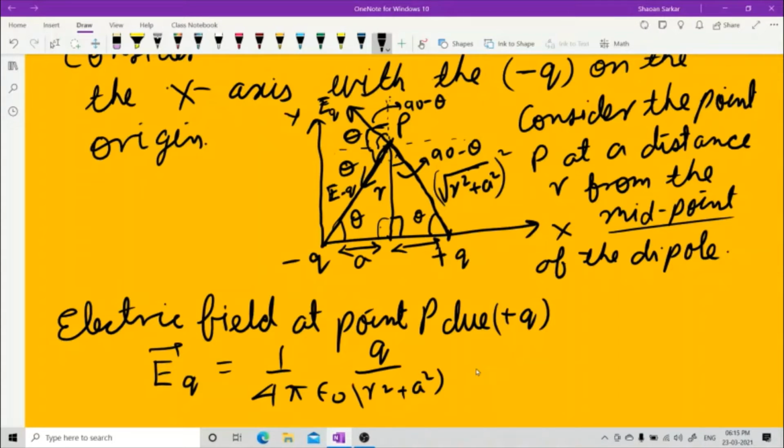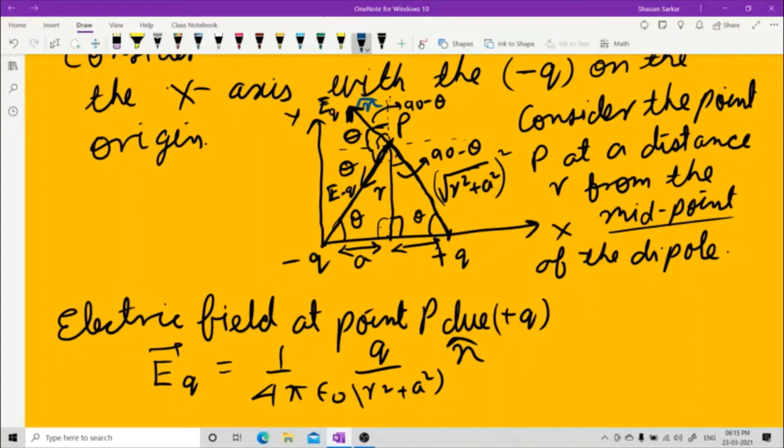Now the direction in this sense, let us consider the direction in this sense, you can take this as eta cap. This is eta cap, the direction is eta cap in this direction. Right?